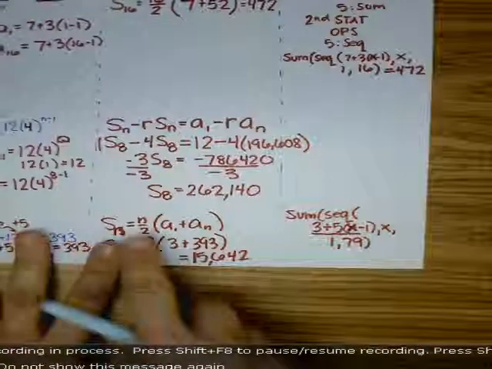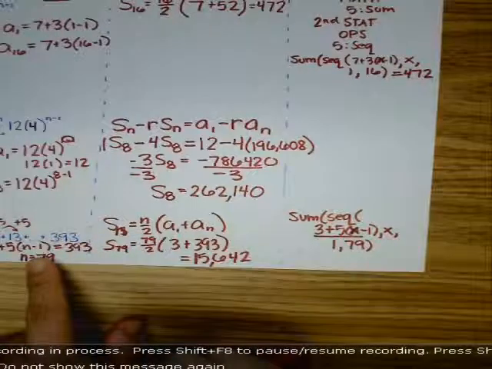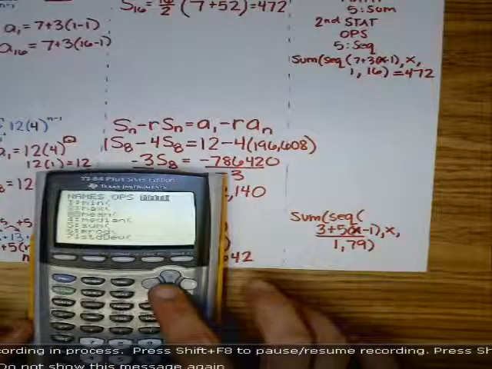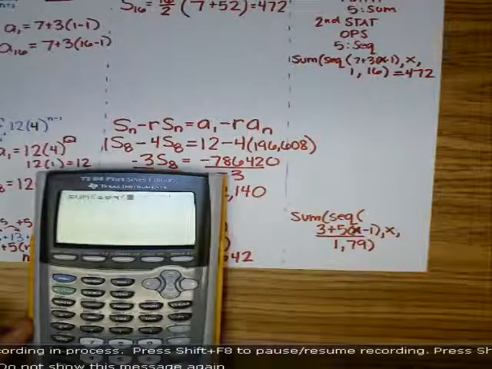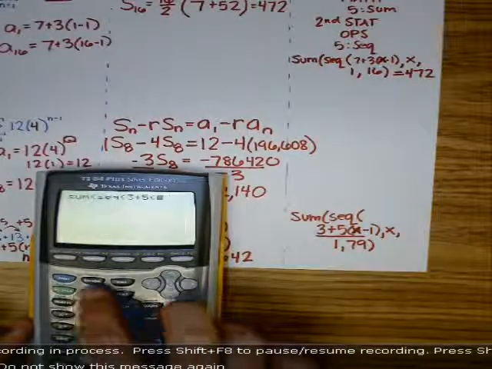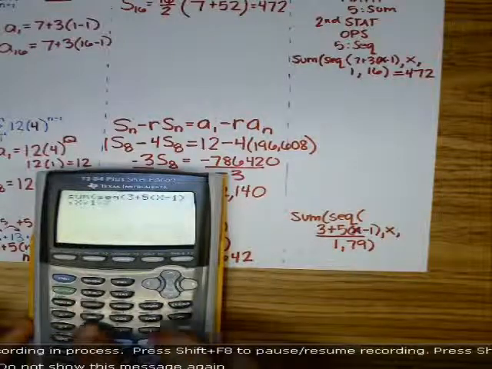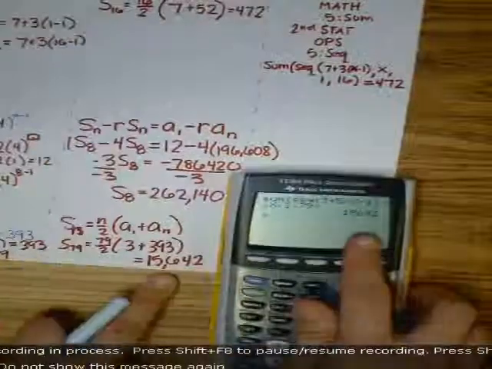So while it's really nice to get you around this part of the formula, you'll still have to find the number of terms. And look at that, we got the right answer.